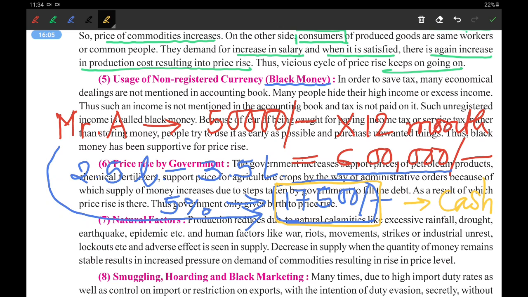For saving this 17,500, he will not show this roughly 3.5 lakh rupees in the accounts, and this 3.5 lakh is the black money. So I hope you understood what black money is, right?